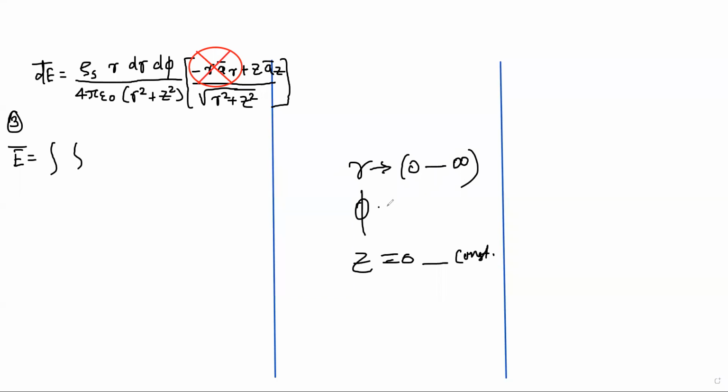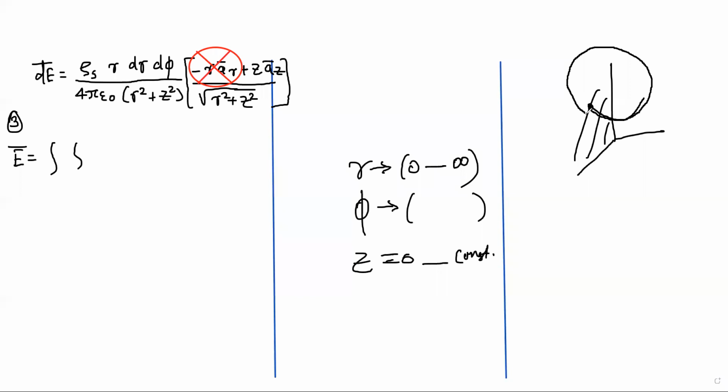What about phi? Phi is the angle, let's say this is the xz plane, angle made from this xz plane. So it could start from 0, and it will take a complete revolution up to this point, up to the xz plane.